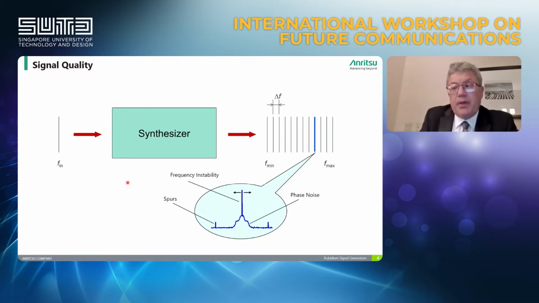Normally, ideally, we would expect a very clean signal, which ideally should be represented as a very thin line in the spectrum domain. But in reality, any method creates some artifacts called spurs. In addition, the synthesizer frequency normally is not quite stable, but can move around, and this effect is called frequency instability.